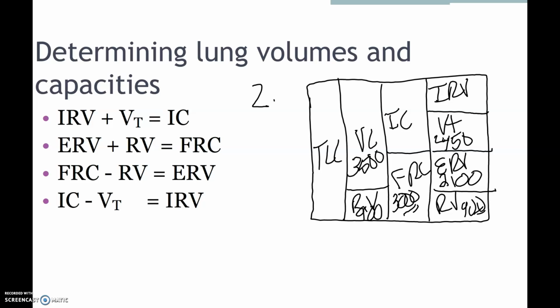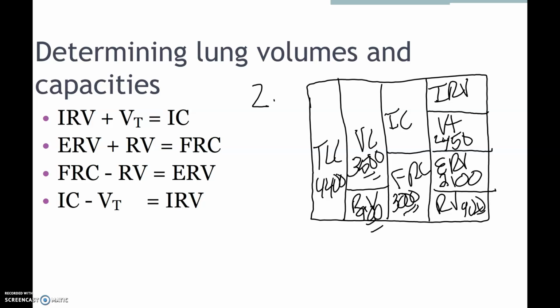Let's see. TLC, we can go ahead and get that one. For total lung capacity, we can take our vital capacity of 3,500 plus our residual volume of 900, and our total lung capacity then would be 4,400 milliliters.